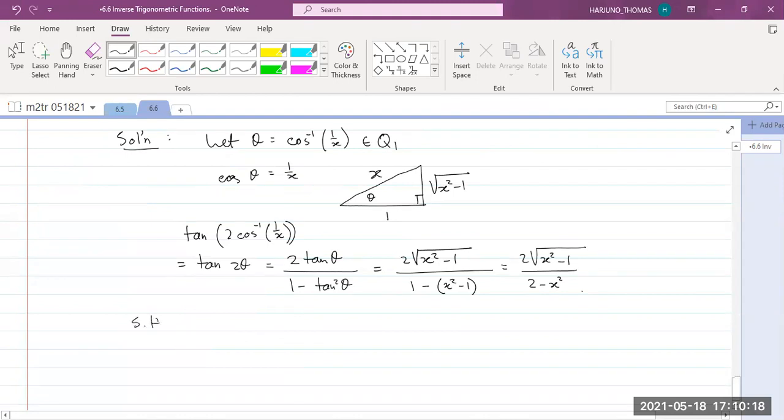Suggested homework from 6.6: work on number 1 to number 21, just do every other odd. Number 23 to number 33, do the odd ones. I think those are important. And then try to use what we learned earlier to solve equations.